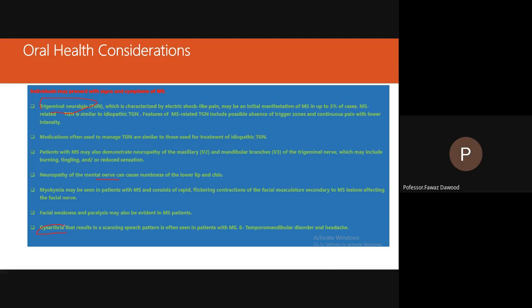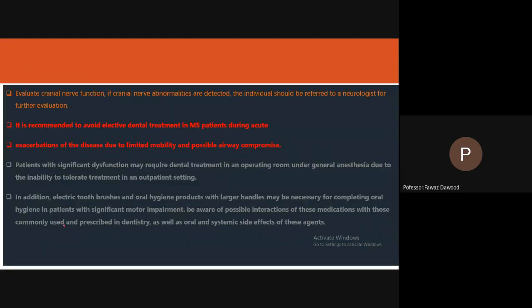Look, whatever nerve is affected, the area supplied by that nerve is affected. If the facial nerve is affected, the facial muscles are affected. If the optic nerve is affected, the patient may complain of double vision, loss of vision, diplopia, whatever. So it depends on which nerve is affected in MS.